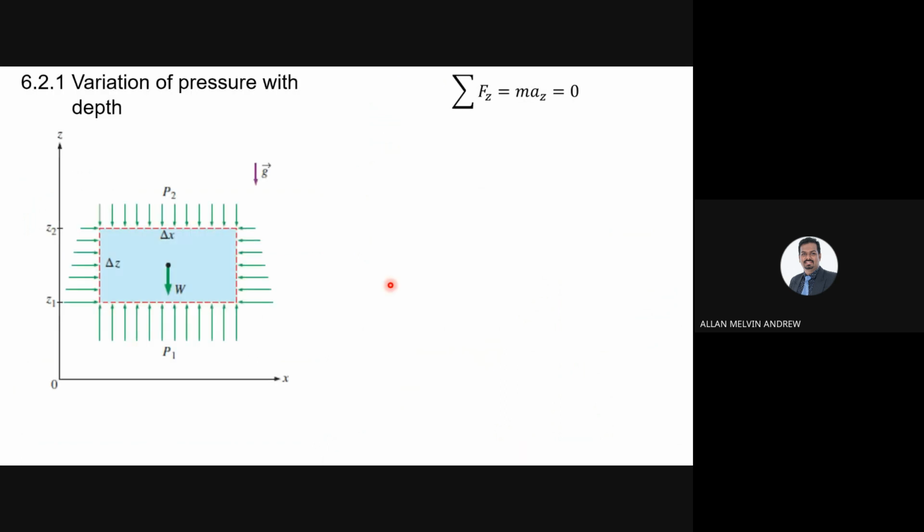Okay, so just to do a revision, variation of pressure with depth. Underwater, Z is the depth. Let's say on top here is the surface of the water. As it goes deeper, you can see the arrow keeps on increasing.